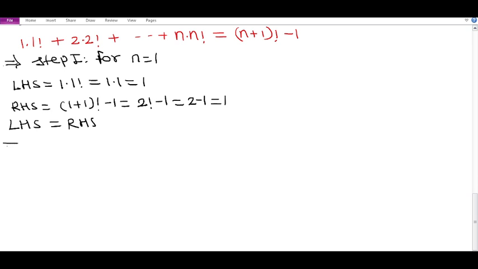This implies the result is true for n equal to 1.